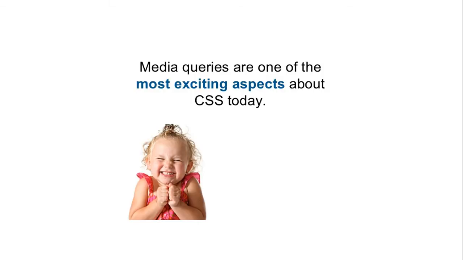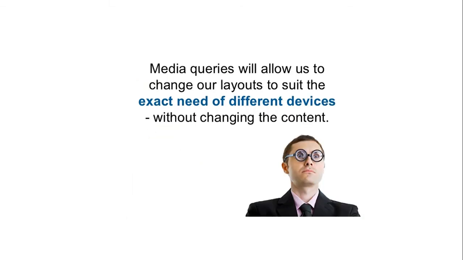It is one of the most exciting aspects of CSS today, and it is very important for a web developer to use media queries while dealing with responsive web designs. It also allows us to change our layouts to suit the exact needs of different devices without changing the content.